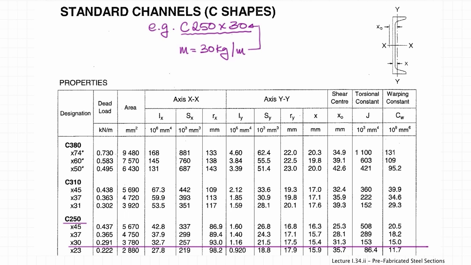The exact depth is not given in this table, but it would be typically given in another table. So this column is missing here. Now, the weight per meter length is also given as a dead load, as you can see here, 0.291 kilonewtons per meter. So that should be equivalent to the mass of 30 kilograms per meter. And the section moduli are given in their respective columns, Sx and Sy.